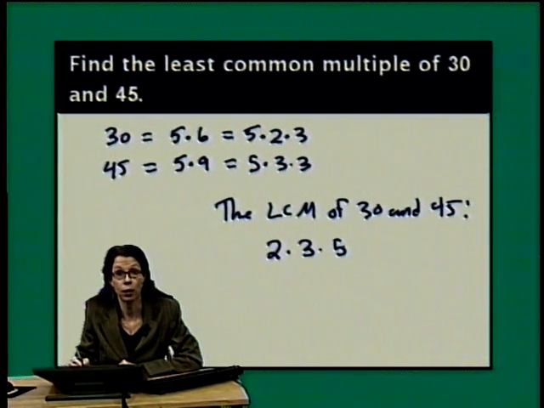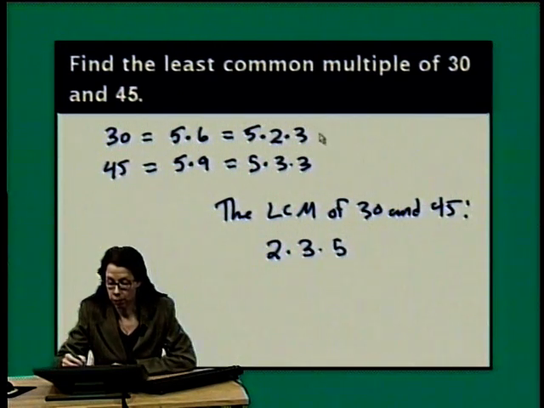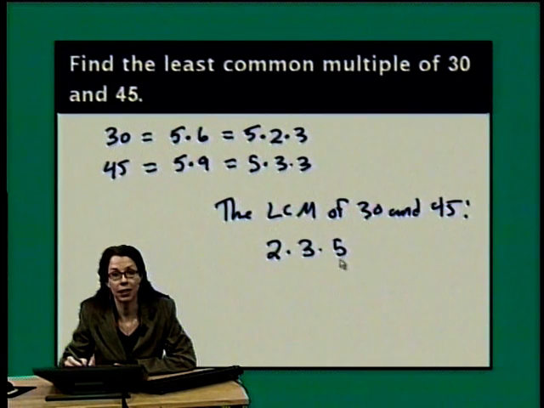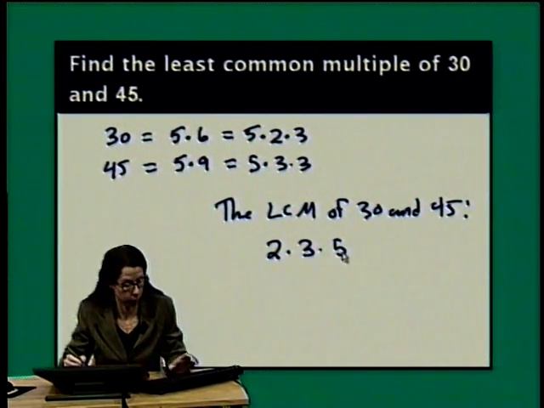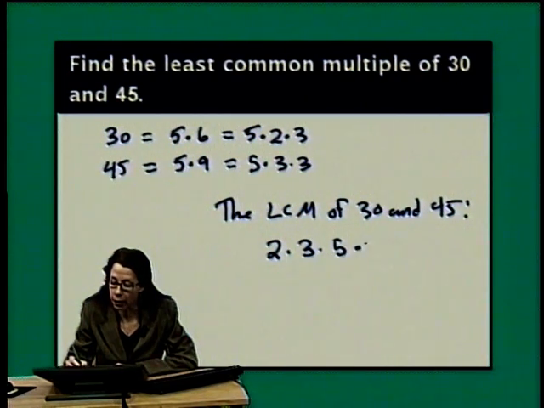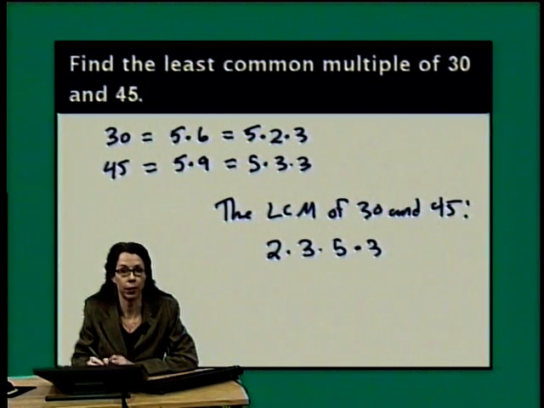Now I have to look at the number of occurrences. In the first factorization, I just have one 2, one 3, one 5. But in the second factorization, I have 2 factors of 3. I'm going to need 2 factors of 3 in the least common multiple. So I'm just going to add in one more factor of 3.